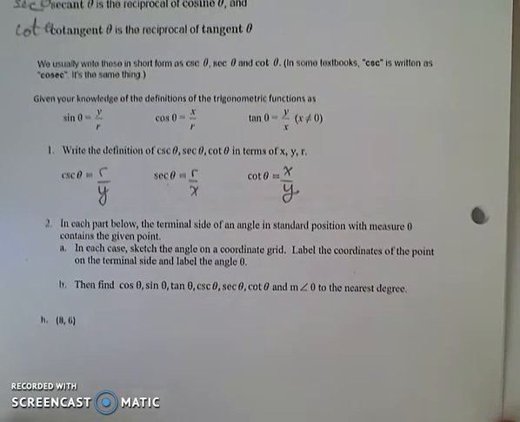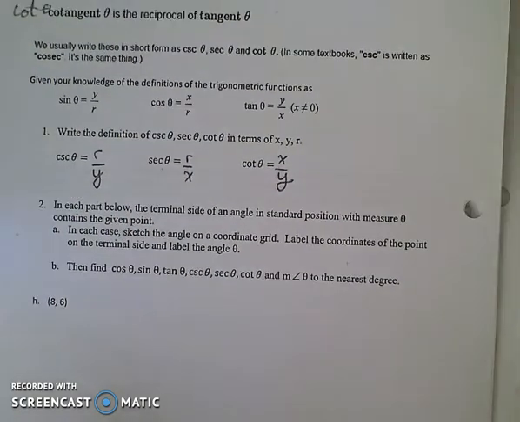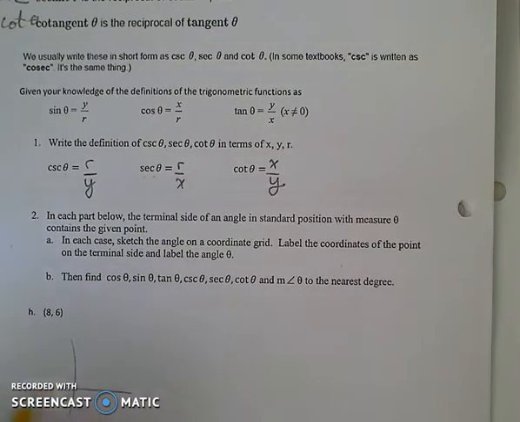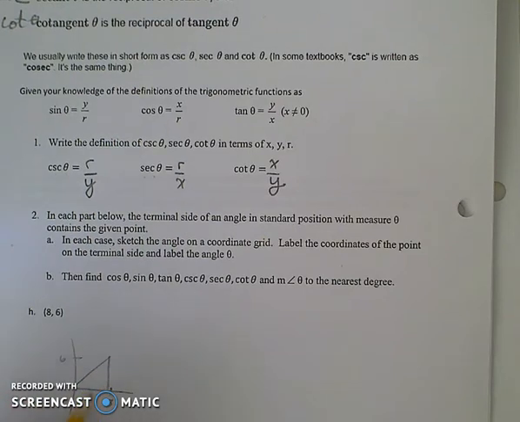And so in this next part, what we're going to do is sketch the triangle, just like we have been, find the measure of angle theta, but we're going to find all 6 trig functions, the 3 regular trig functions and the 3 reciprocal trig functions. So we're going to draw 8, 6, remember our bow tie.